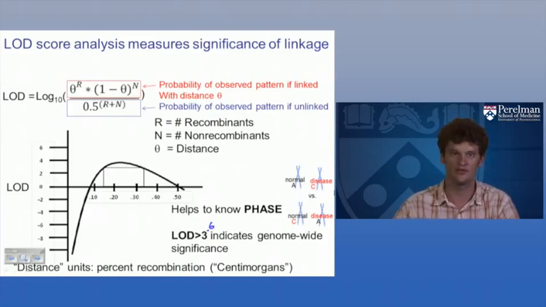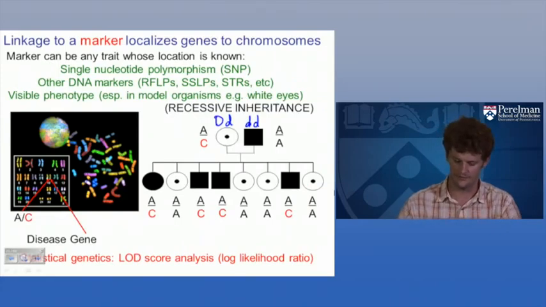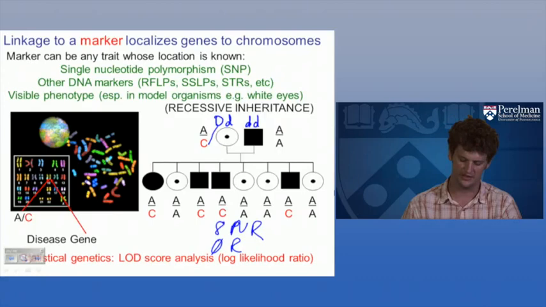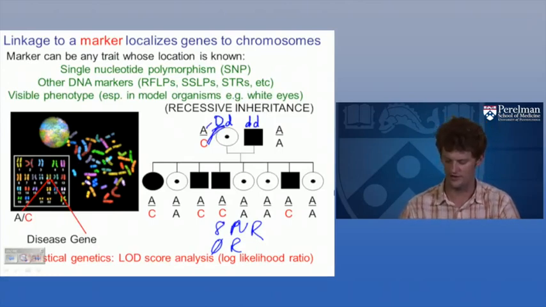In the example we just looked at, we had 8 non-recombinants and 0 recombinants, because everybody got the C SNP with the little d disease allele, and the A SNP with the big D allele, and that's how all of these people inherited that.